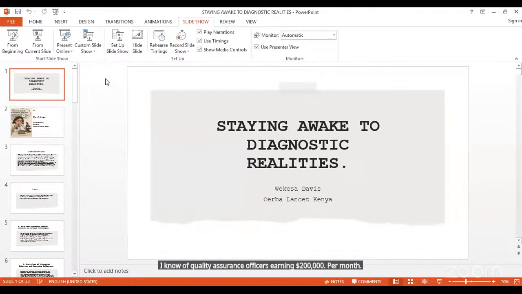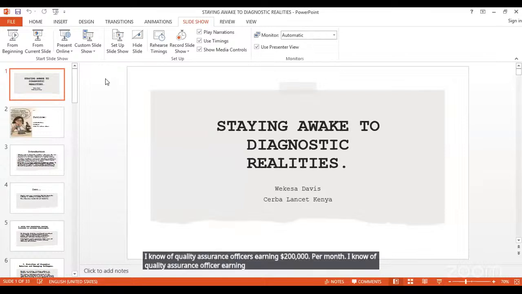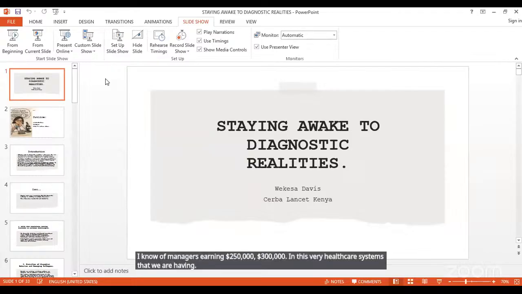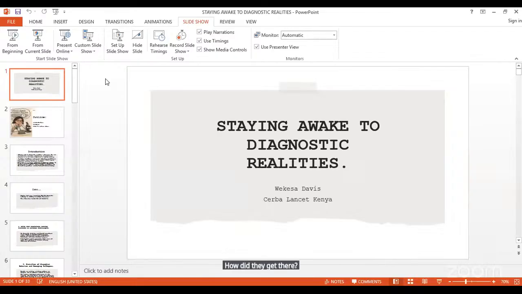I know of a quality assurance officer earning 150,000 per month. I know of managers earning 250,000, 300,000 per month. In these very healthcare systems that we are having, how did they get there? That is a question that I can leave for you.